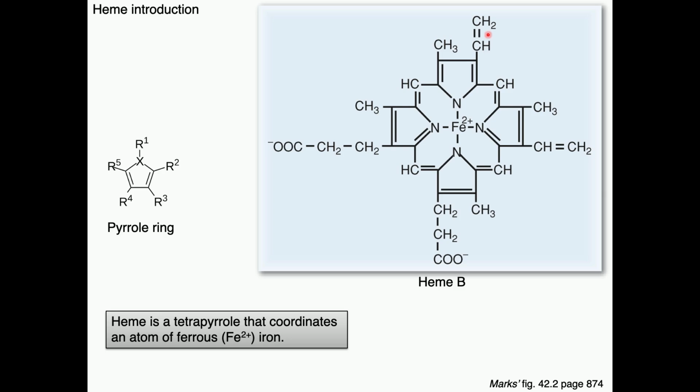And at the center of the ring is a molecule of ferrous iron, of +2 iron. Okay, so that's the basic structure of heme, and in 3-dimensional space, it makes a planar structure. Okay, so this is all kind of, as it is in 2 dimensions here.